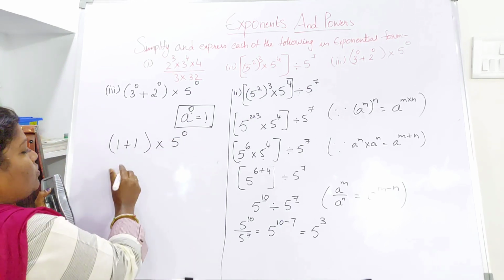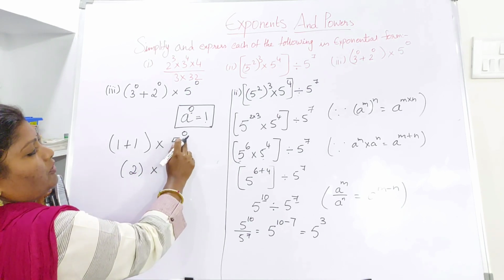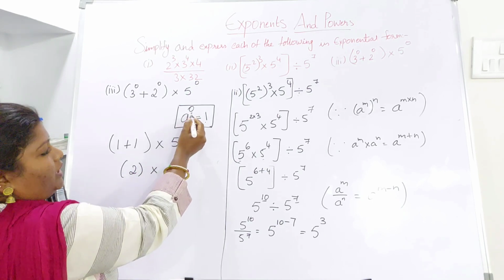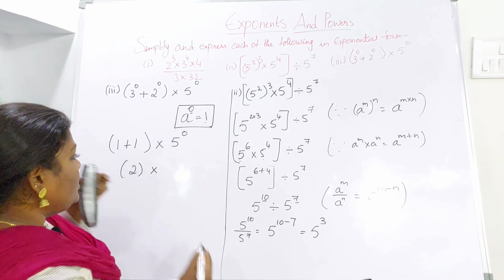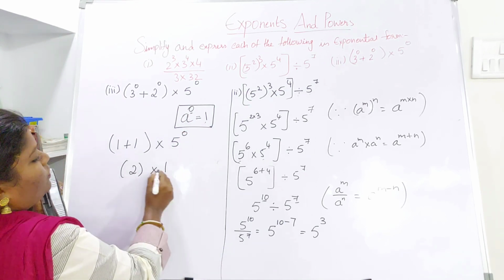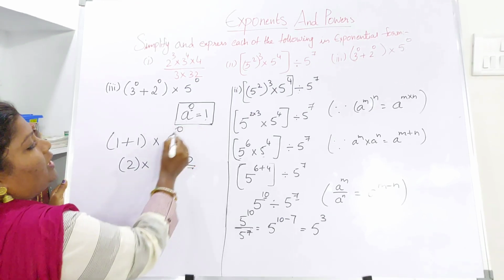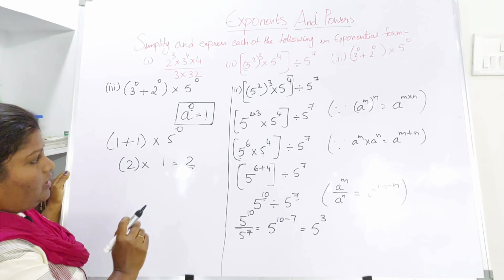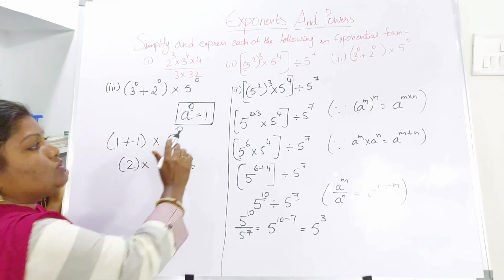Now 1 plus 1 is 2, into 5 to the power of 0. As I told you, any number to the power of 0 is 1. So it is 1, and 2 ones is 2. Here I have used the formula a power 0 is equal to 1. Now do remember that any number to the power of 0 is 1.